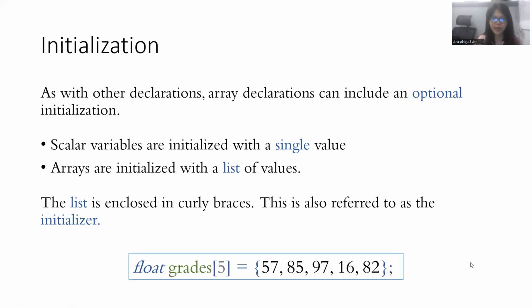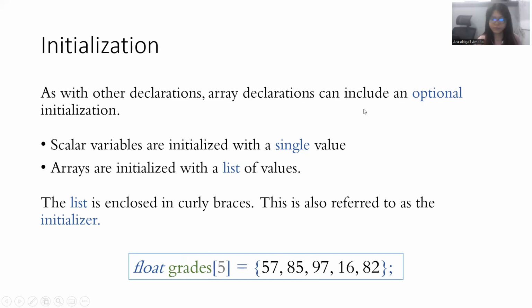Okay, so suppose we have this example. So we have the grades, with data type float, and the maximum length of 5. So, enclosed in the curly braces are the list of values that we want to assign to each of the elements of grades.